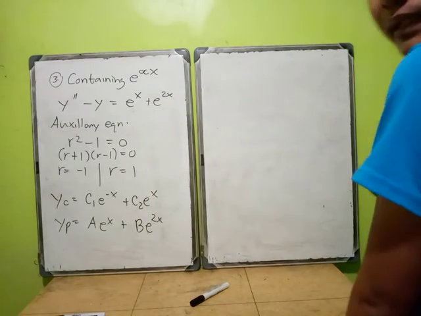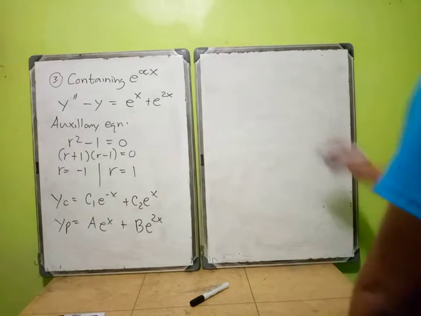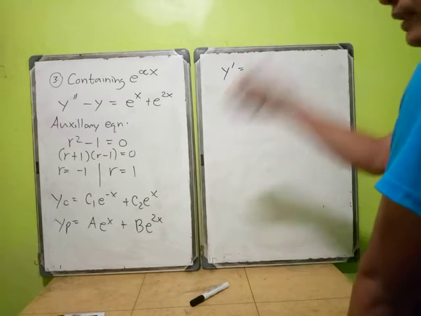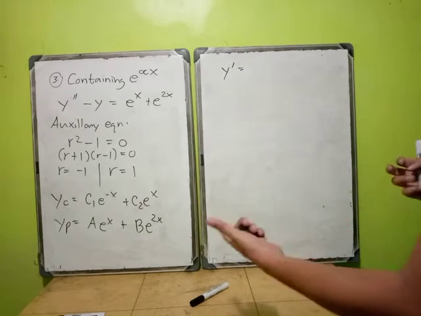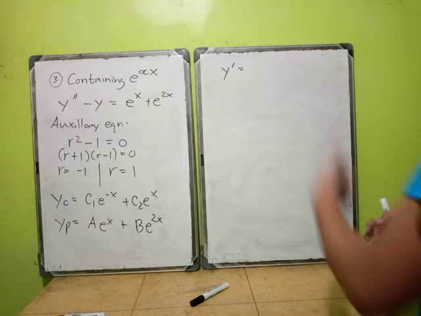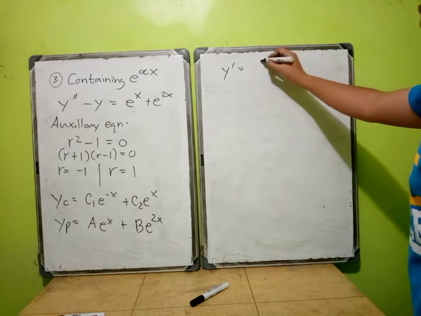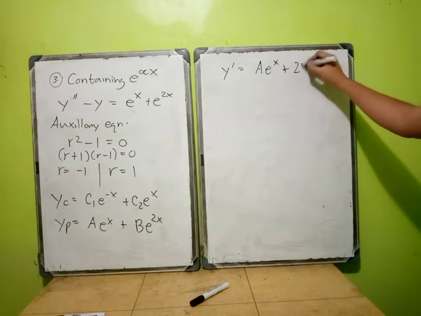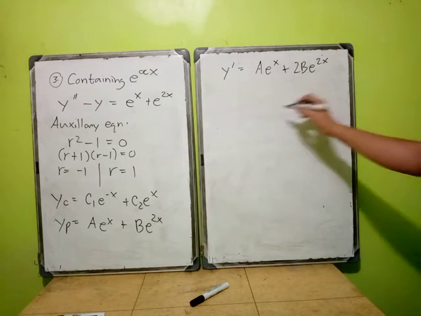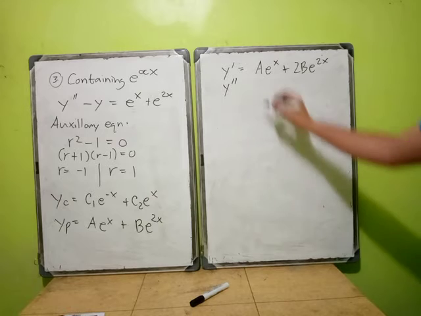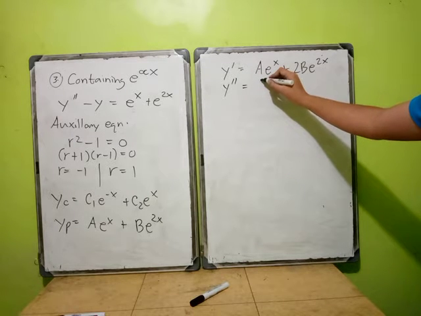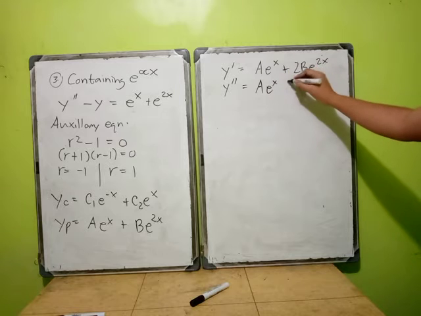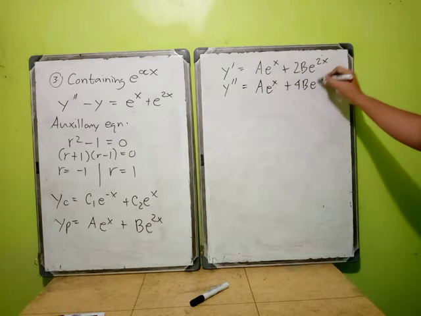So what to do next? We determine y prime. As soon as we differentiate yp, the first derivative will be a e to the power of x plus 2b e to the power of 2x. Therefore, y double prime is a e to the power of x plus 4b e to the 2x.